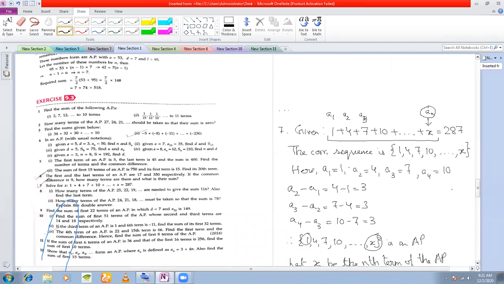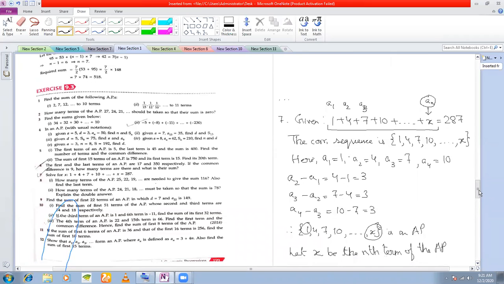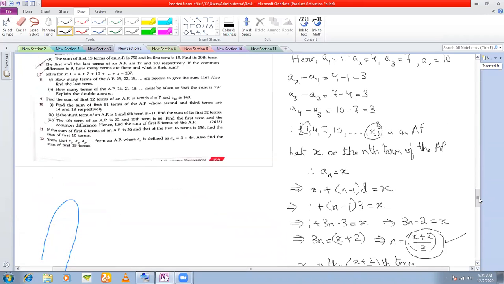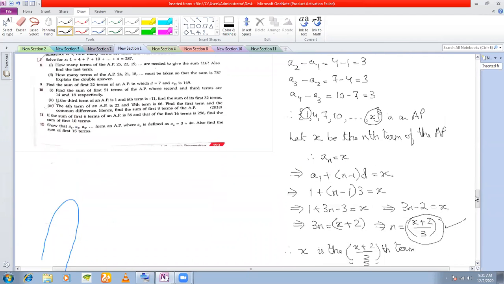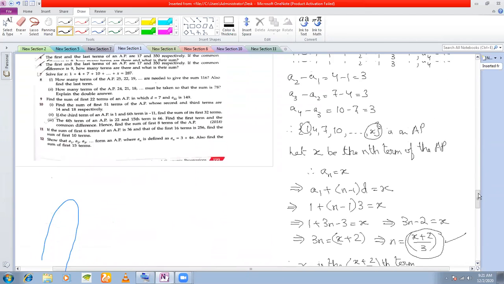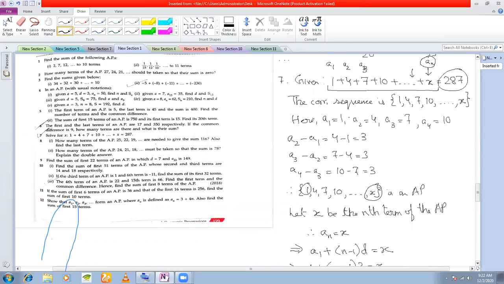Yes, both values you will have to take, because it depends how many terms you are taking. Suppose here you are taking 20 terms till this, and then you are getting a minus 43. That will give you a sum of 287. So both you have to take. Anyway, let's proceed with the next one.